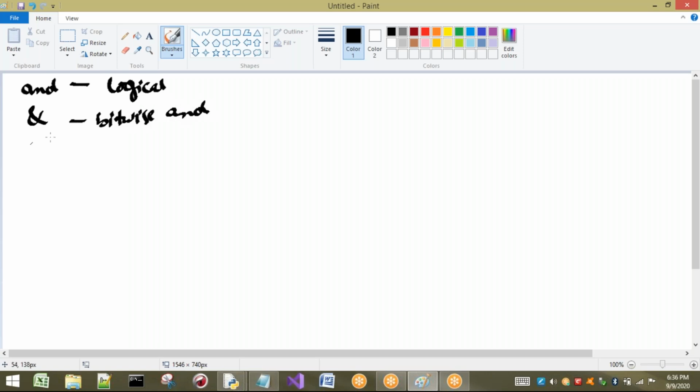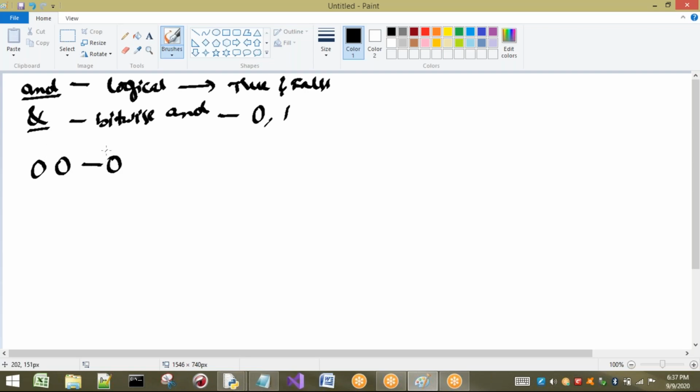Okay. So when we are going to use logical and, here we are going to consider true and false. But in the bitwise we are going to consider zeros and ones. This is a small difference you have to understand. Now see here, what are the rules of this AND? This AND's rules and this AND's rules are the same. You can observe here 0 0, answer is 0.